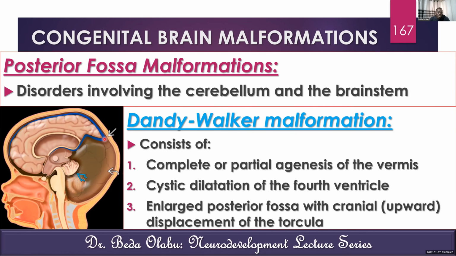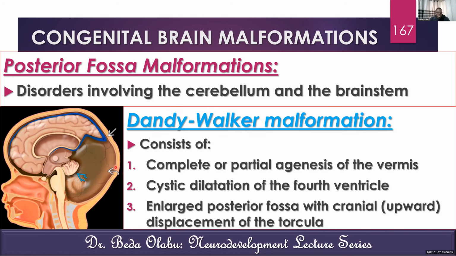This is the torcula. The torcula is the point of fusion of the falx cerebri with the tentorium cerebelli, or you can look at it in terms of the venous sinuses, the superior sagittal sinus and the straight sinus coming to meet there. At the level of the tentorium, that's the torcula. So we'd expect the torcula to be somewhere here.